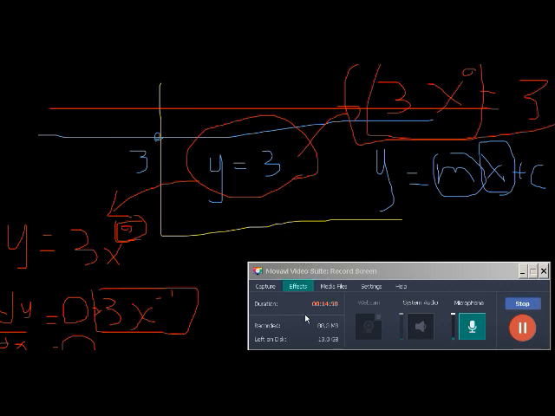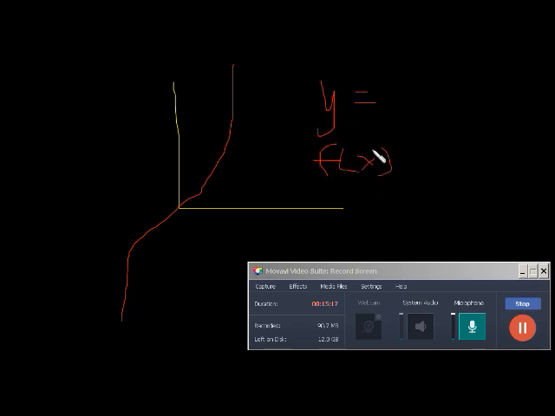Now we'll use further examples to show the use of derivative. Let's say we have a graph of the equation y, or function of x, which can be used interchangeably, is equal to x cubed, and we need an equation to find the gradient at a certain point on the graph.